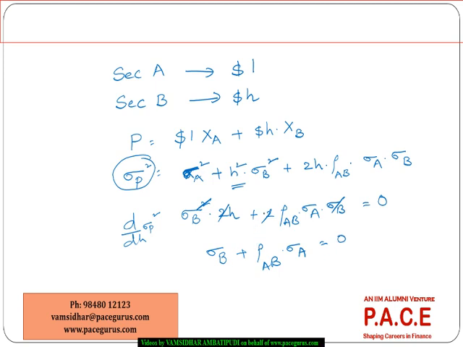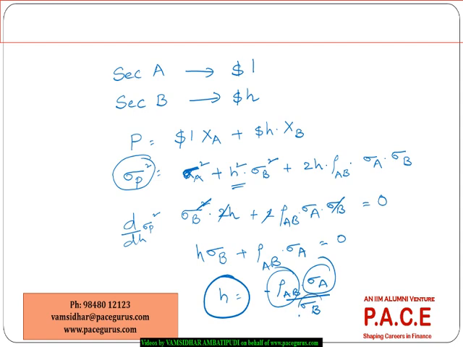So from here I can say H is nothing but minus correlation between A and B times sigma A divided by sigma B. So my hedge ratio, which is more and more optimal for me, depends on the correlation between the two securities and the standard deviation of security A divided by the standard deviation of security B. And that is what will give me the hedge ratio which can reduce the variance of my portfolio quite drastically.